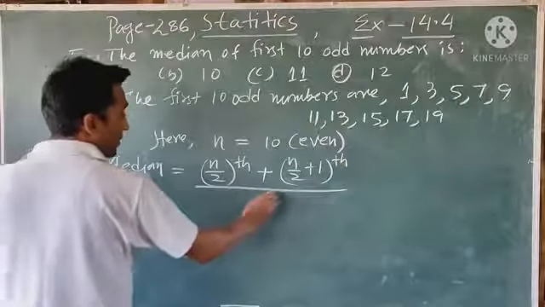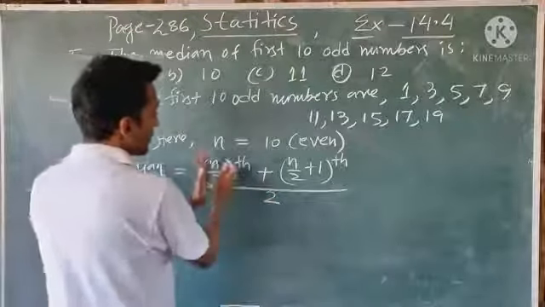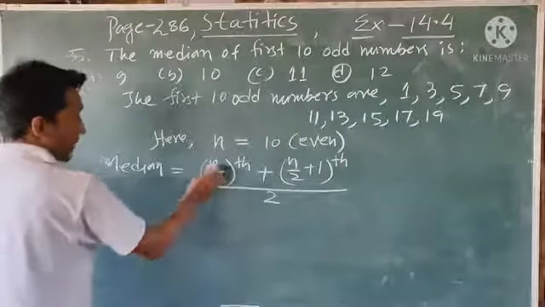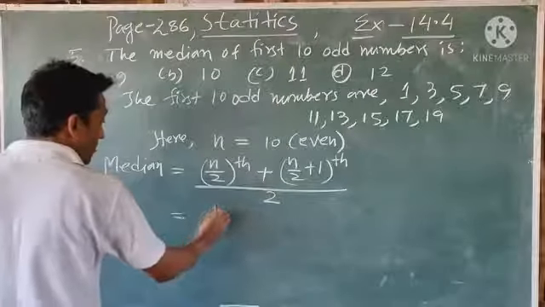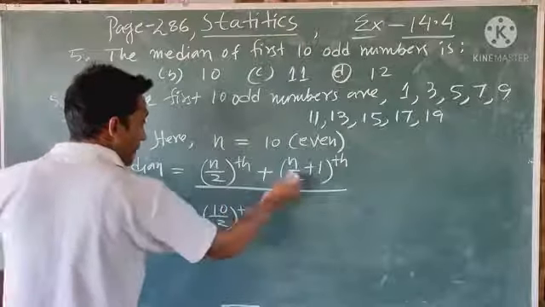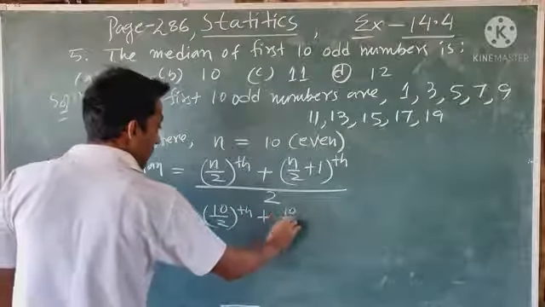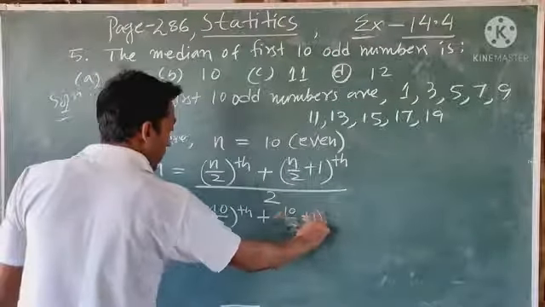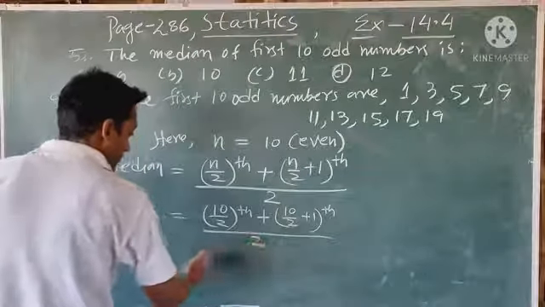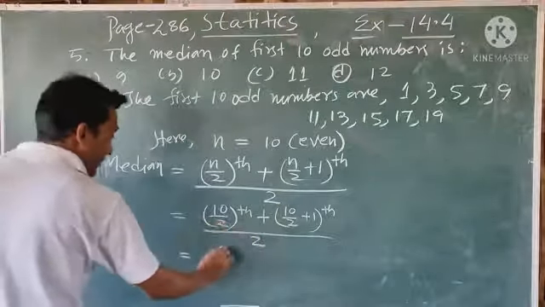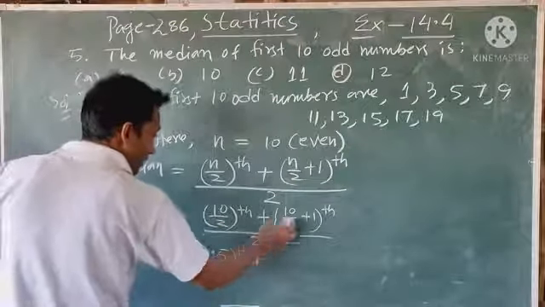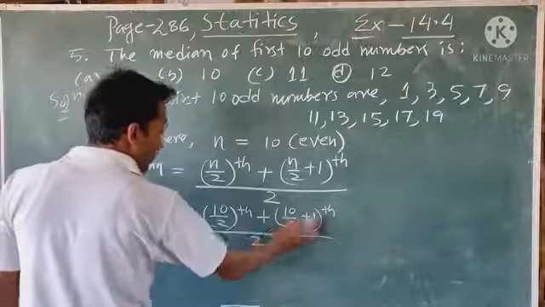Mean, how many observations? 1, 2. That is why we divide by 2. So n is how much? n is 10. 10 by 2 plus 10 by 2 plus 1, by 2. So 10 by 2 is 5. 5 plus 1 is 6, by 2.